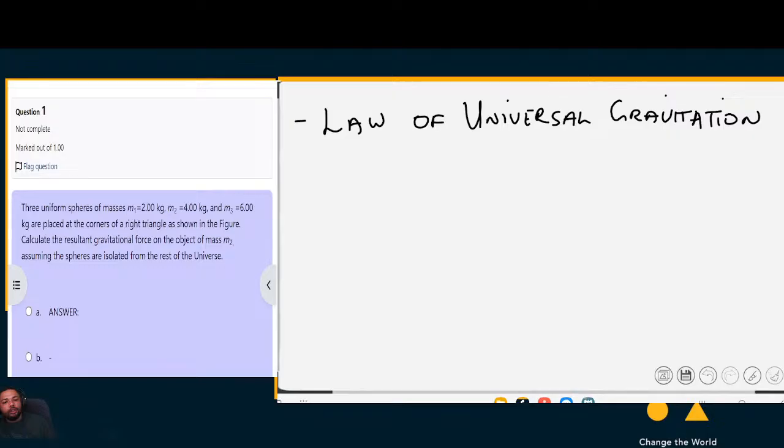It says that the gravitational force between two bodies is equal to G, the gravitational constant, multiplied by the product of the masses of the two bodies, mass 1 times mass 2. You've all seen this formula, or at least most of you, divided by the distance between their centers squared.